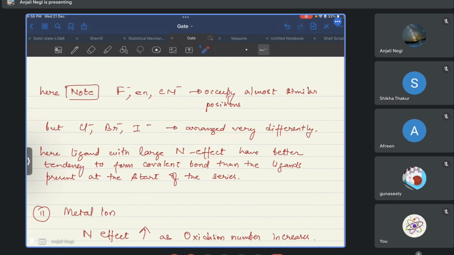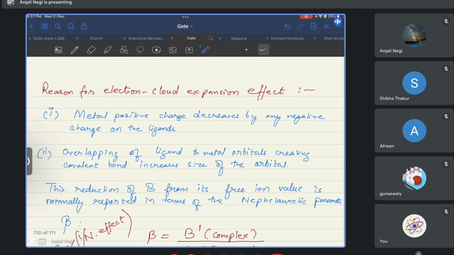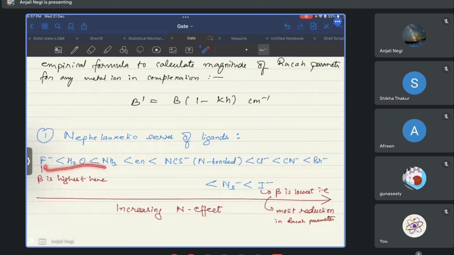So here the ligands with a large nephelauxetic effect have a better tendency to form covalent bonds than the ligands present at the start of the series. Basically, at the start of the series, on the left hand side, the ligands in the nephelauxetic series show poor covalent character or poor covalent bonding with the metal.